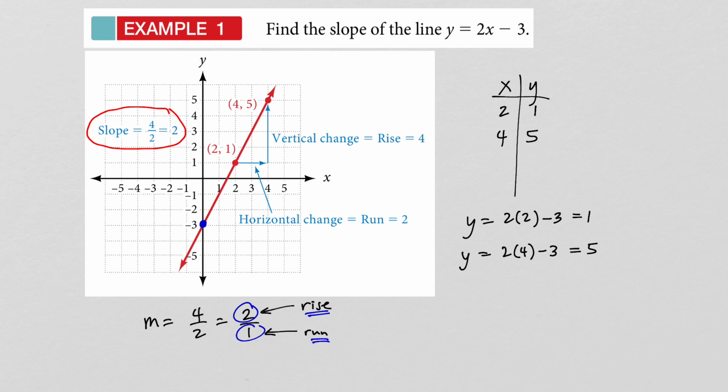And you can see that if you do that, if you rise up 2 here and to the right 1, that will give you another point on the line. So you can talk about the slope in its non-reduced form, or you can talk about it in its reduced form. Remember though, anytime the slope is a whole number, you can always put the number 1 underneath it.